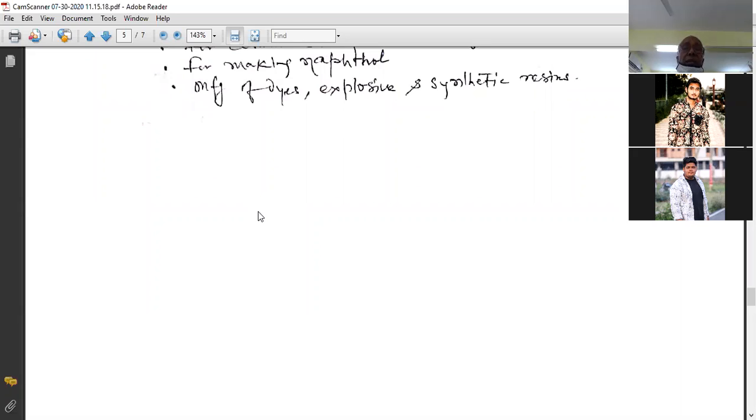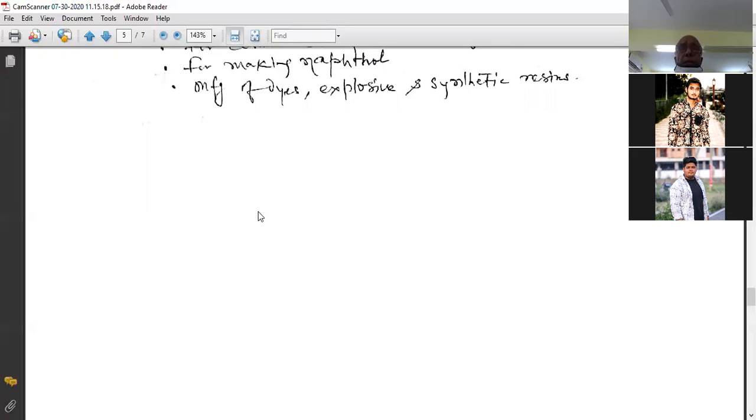It forms chlorobenzene. The electrophile is chlorine, and when Cl2 reacts with benzene, one hydrogen atom of benzene reacts with chlorine and forms HCl, and chlorine goes to any position, forming chlorobenzene.